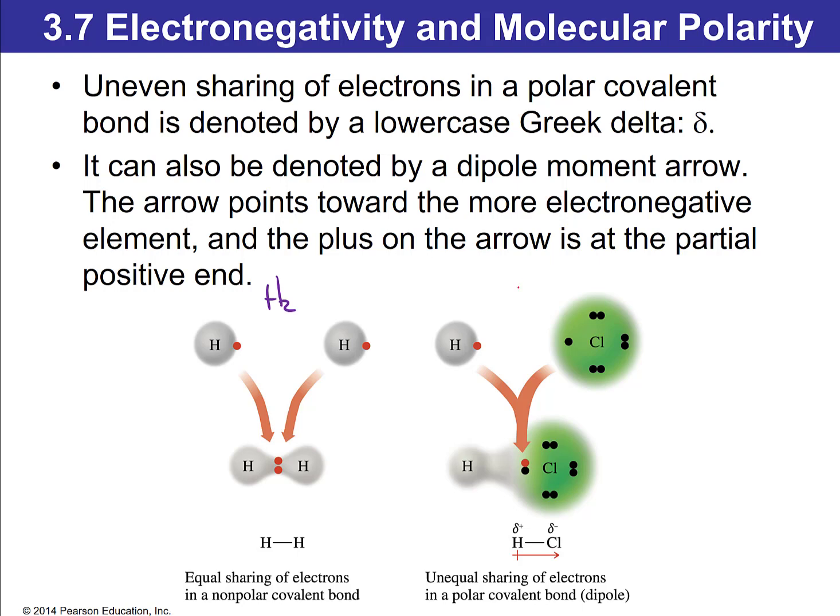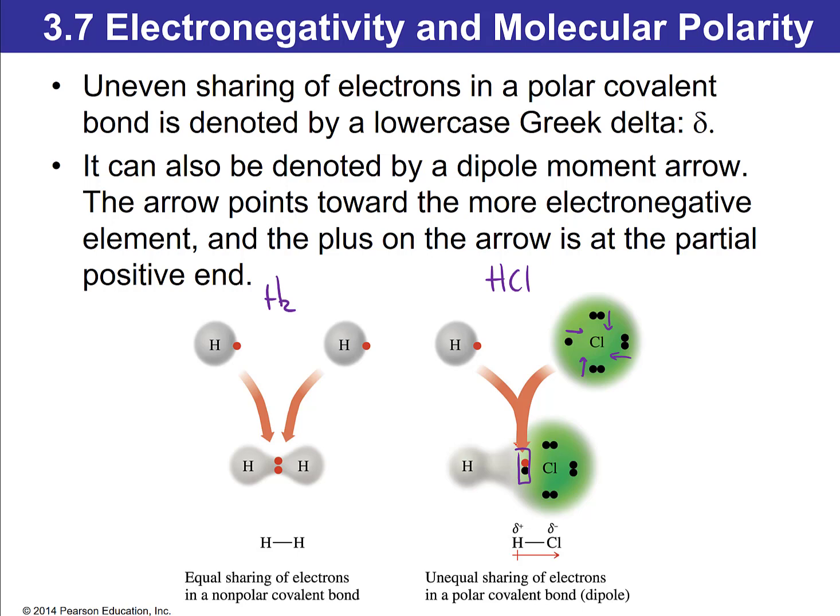But if you look at HCl, because chlorine is electronegative, chlorine is pulling these electrons towards it. And so when it forms a covalent bond with the hydrogen, it doesn't equally share. If you look at the pair, do you notice that the pair looks like it's over by the chlorine more?